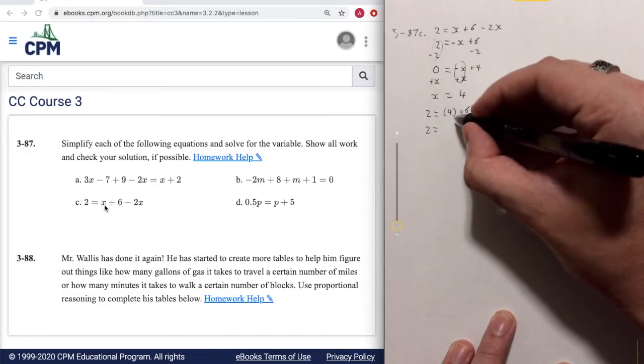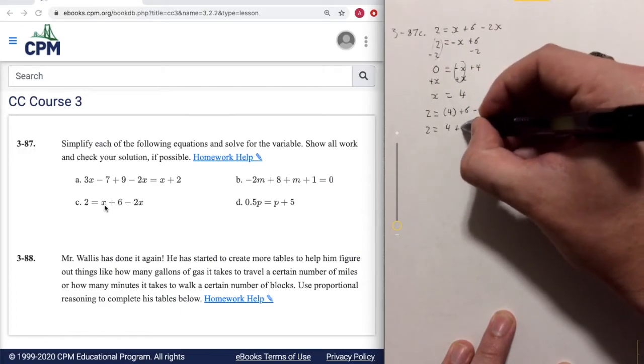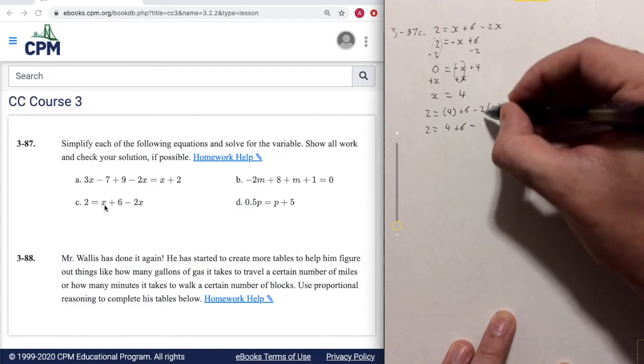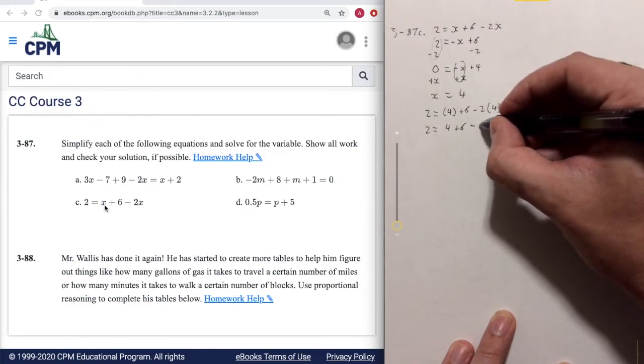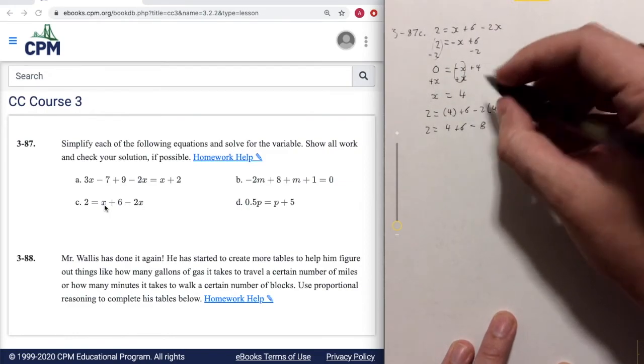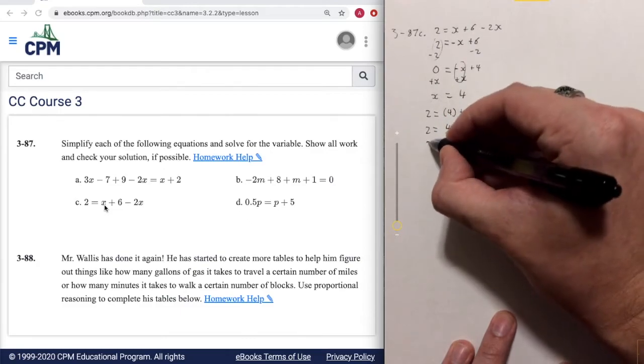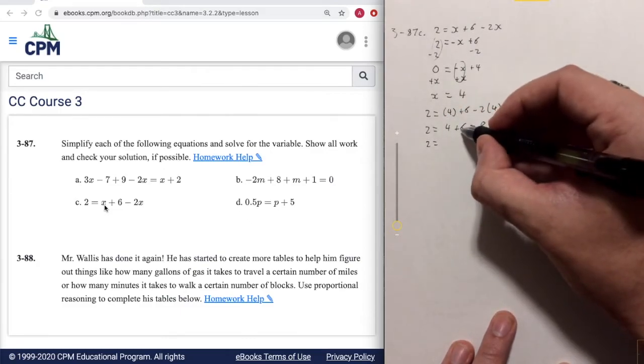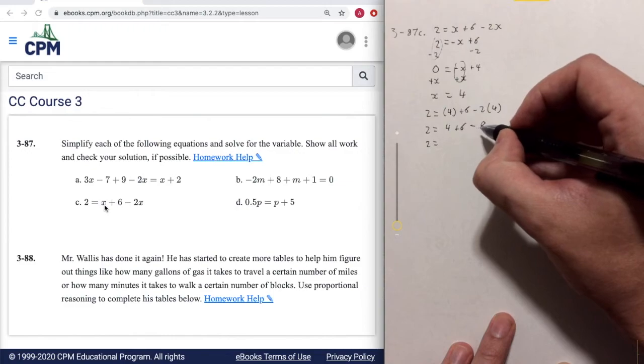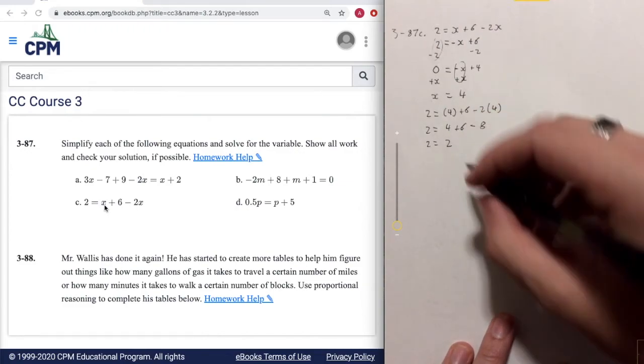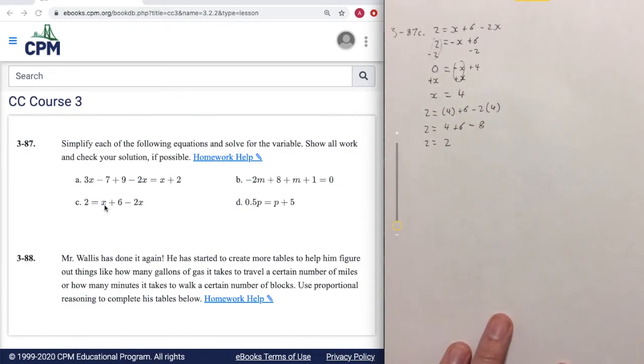We got 4 here plus 6 minus 2 times 4, which is 8. So 2 equals 4 plus 6, which is 10, minus 8 will be 2. So we see that 2 equals 2. Sounds pretty true to me. So we found the solution of x equals 4 for this equation.